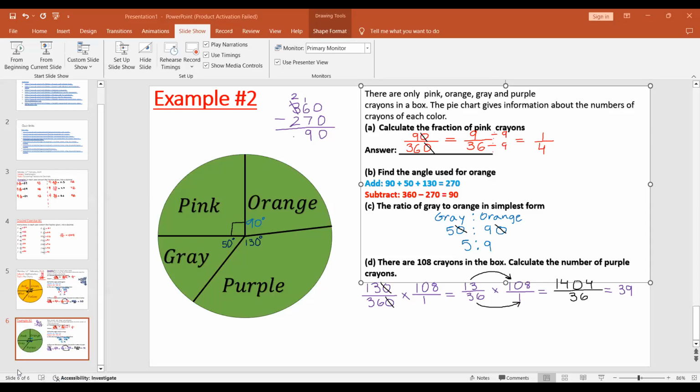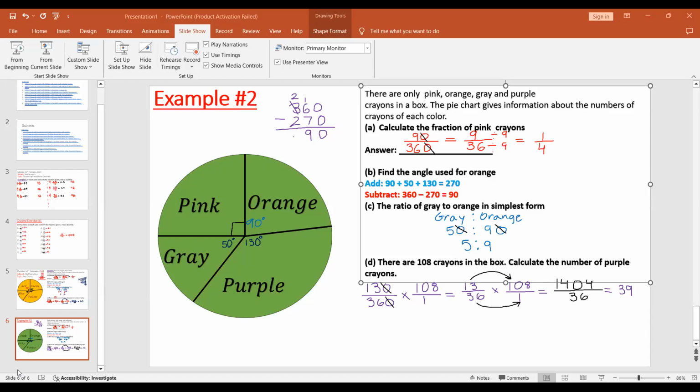And the whole circle together sums up to 360 degrees. So you put 90 degrees over 360 degrees. And then you simplify that by crossing out the zeros first, which would be 9 over 36. Then you can simplify again, dividing those two numbers by 9, which would be 1 over 4.